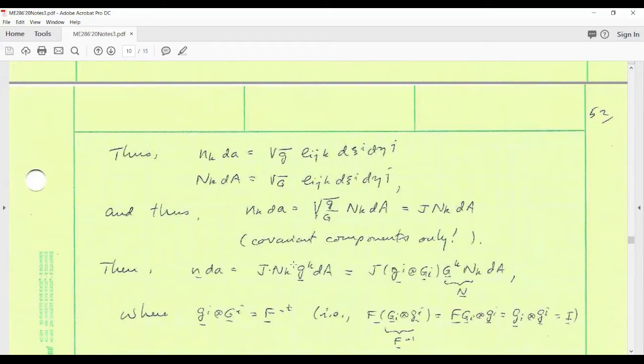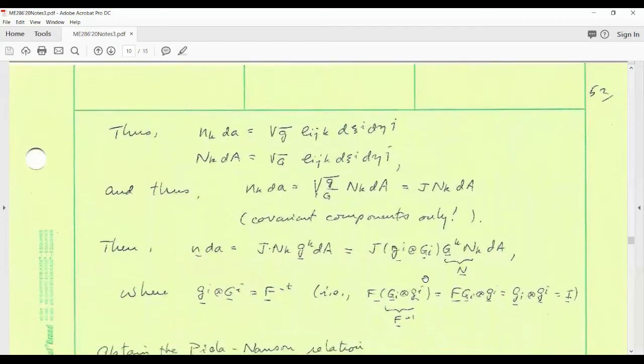I want to involve the referential basis so that I can extract the vector capital N. I can do that by using, so here's the referential vector. If I multiply by this tensor, this becomes the Kronecker delta, which when summed on I gives me the g_k that I need, with the N sub k left over.